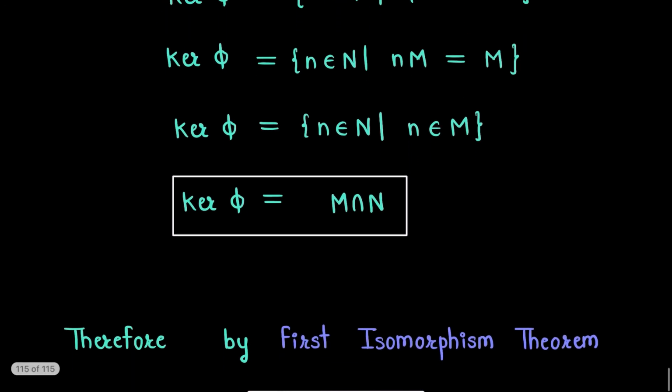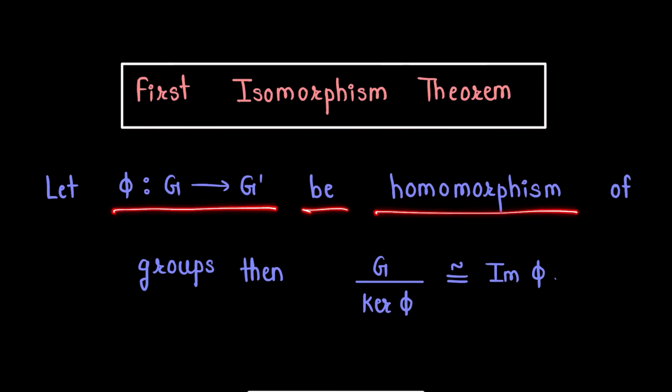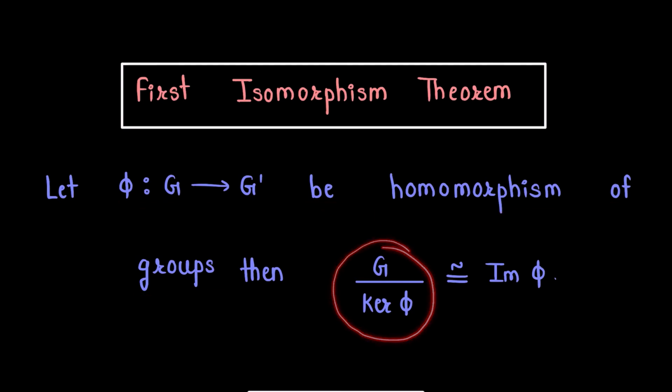Then, by the first isomorphism theorem, which states that, let phi from group G to group G dash be a homomorphism of groups, then G upon kernel phi, this quotient group, will be isomorphic to image phi.